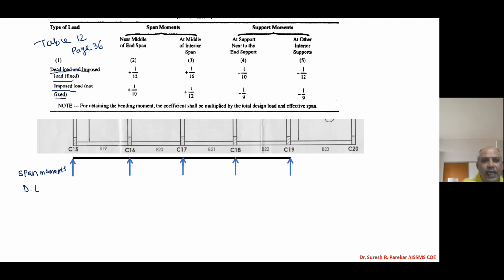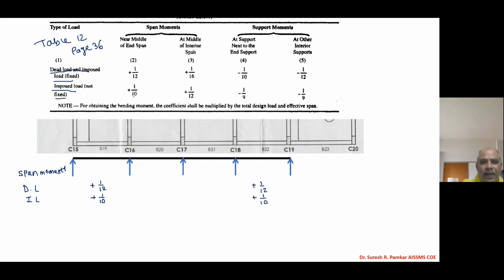First we have near middle of end span. So for the end span we have the value plus 1/12 for dead load. Then for imposed load, for the same near middle of end span, it is plus 1/10.